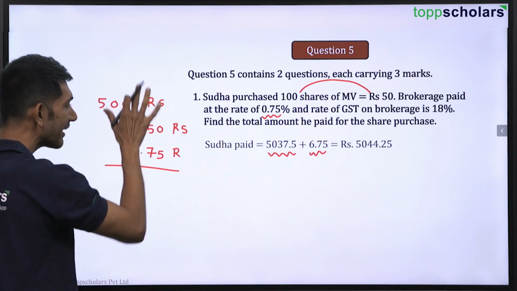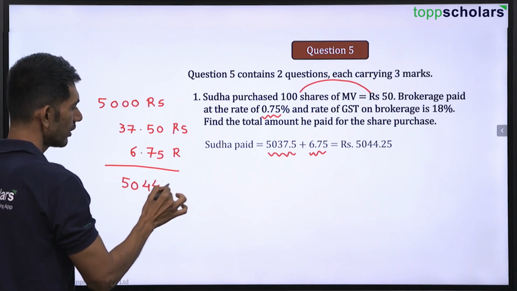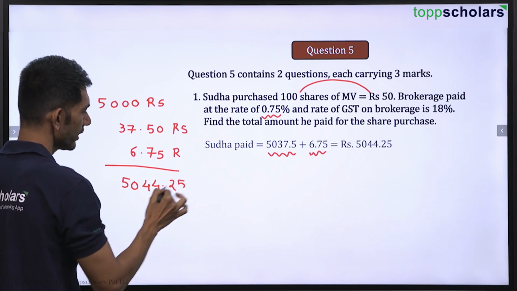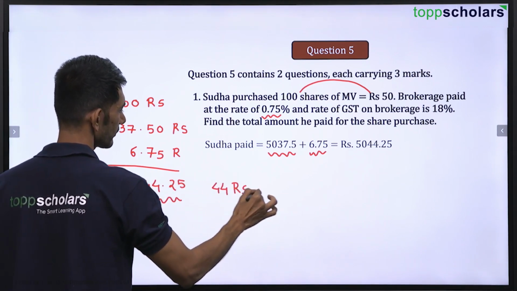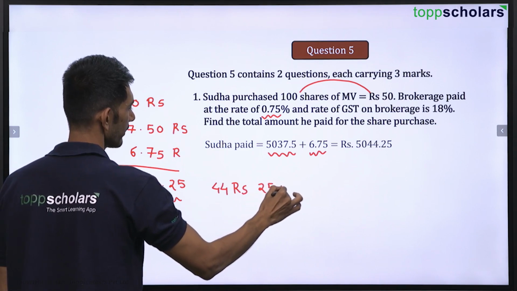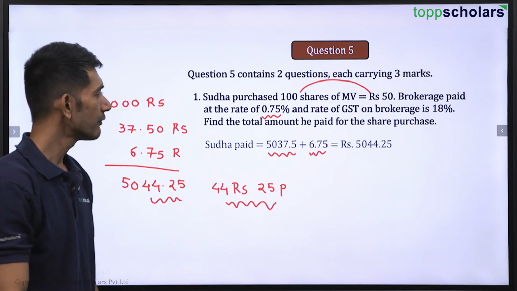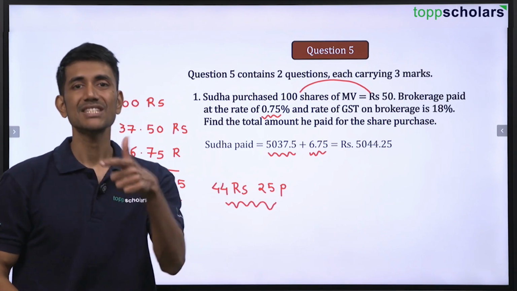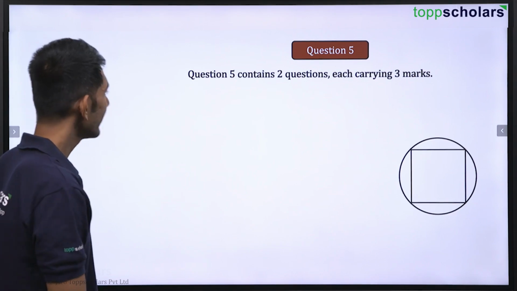And once you add this, finally you got 5,044.25. So if you see, this 44 rupees 25 paise was the extra amount on 5,000, which includes the brokerage and GST on brokerage. Correct?